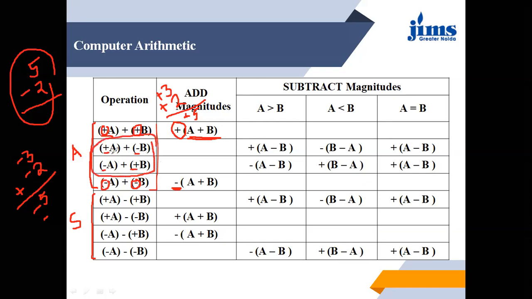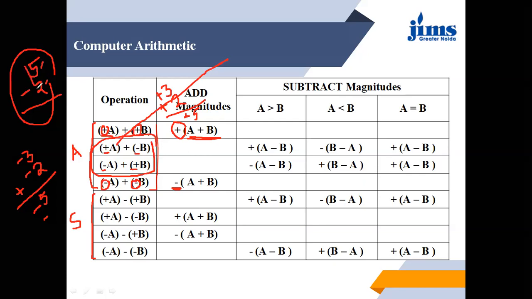When we have to add two numbers with different signs, first find the magnitude of the two numbers. For example, I have to compute 5 minus 2.